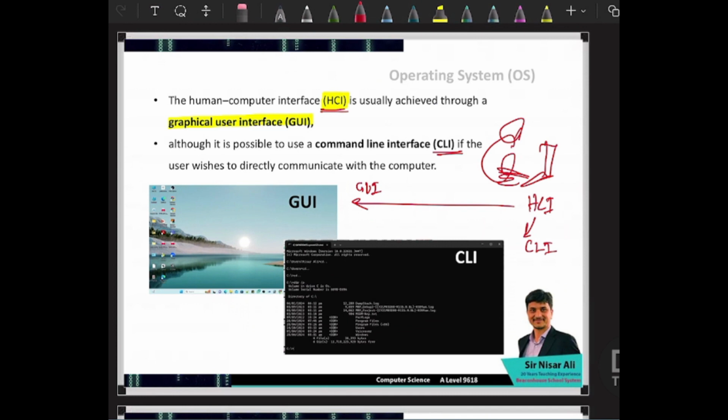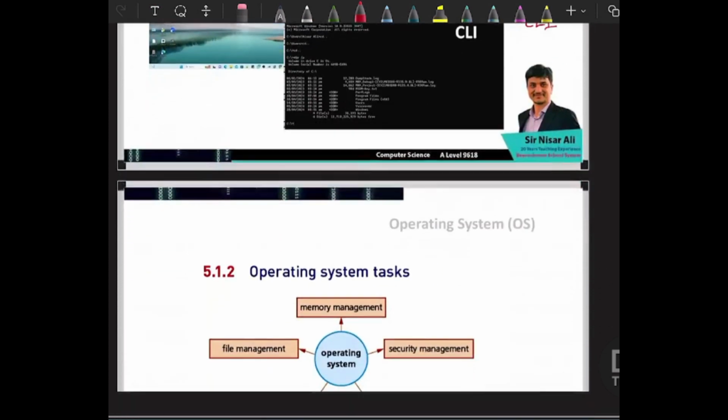There were many commands we had to learn when there was no GUI to interact with the computer. So these two ways are there to interact with computers: one is the GUI, and the other one is the CLI.